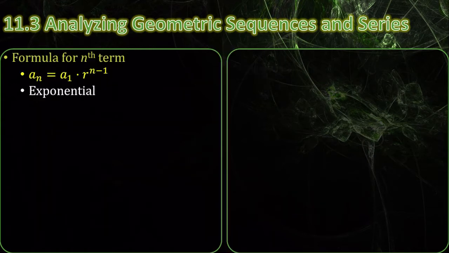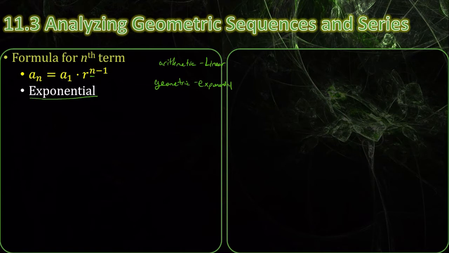The formula for the nth term of a geometric sequence is a_n equals a_1 times r raised to the n minus 1. Notice the variable n is there in the exponent, therefore it is exponential. So, arithmetic was linear, geometric is exponential.